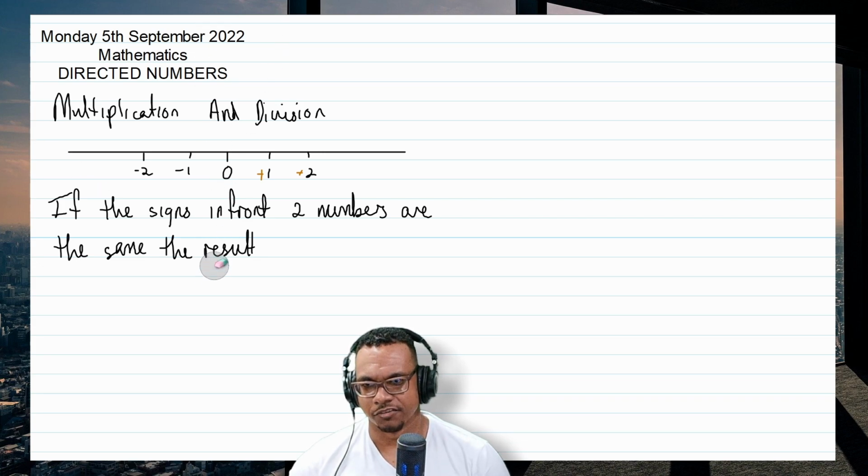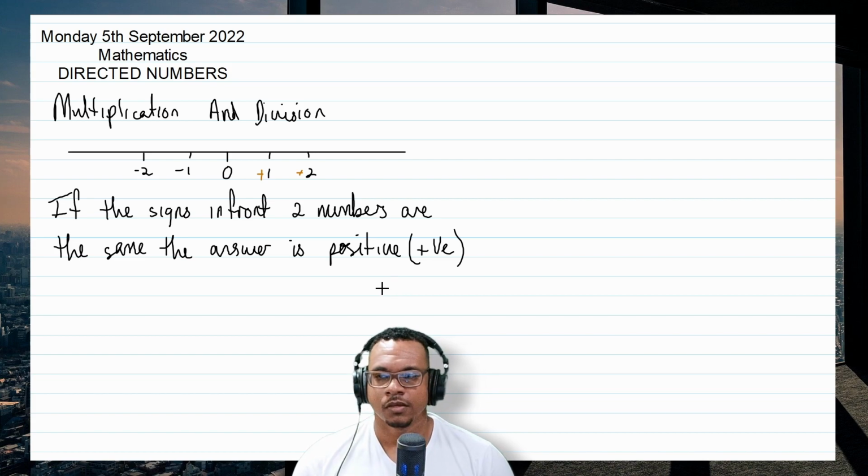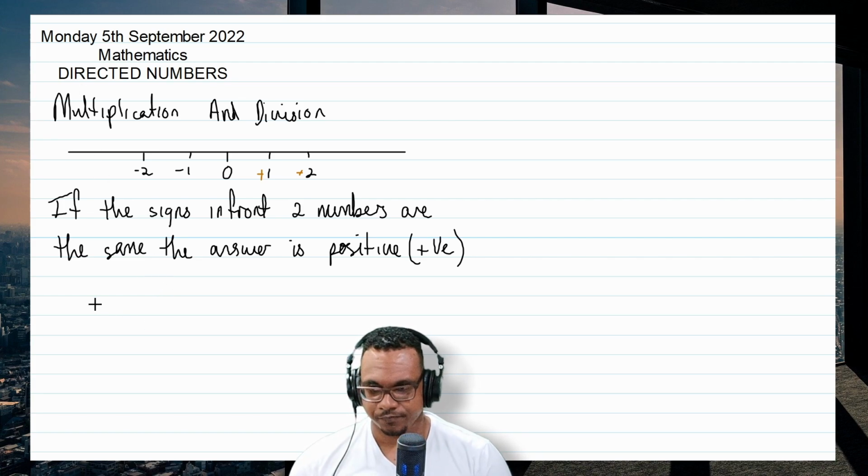I use answer instead of result. And this is a symbol we can use for positive: plus, the VE, means positive. And that's for multiplication and division. That's our heading. So let me demonstrate.